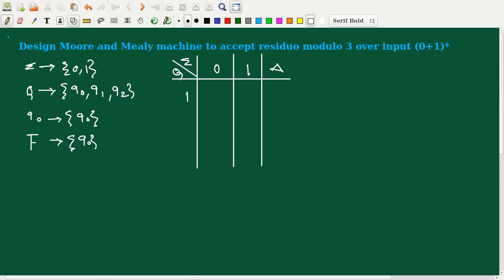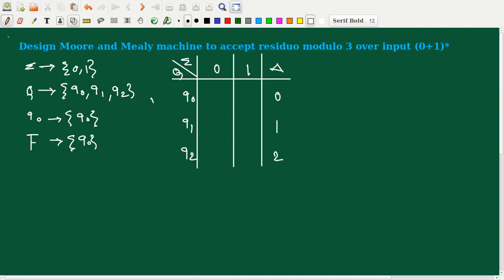I'll take Q0 as one state, Q1 as another state, and Q2 as another state. The output associated with Q0 is remainder 0, the output associated with Q1 is remainder 1, and the output associated with state Q2 is remainder 2.